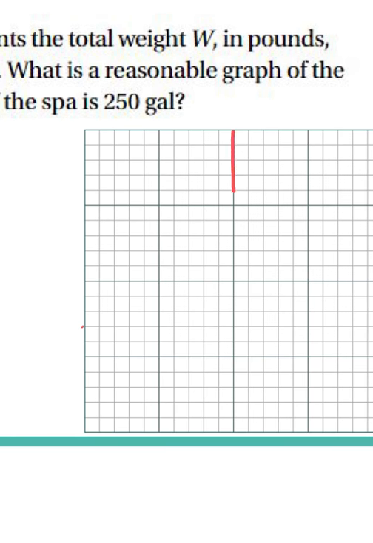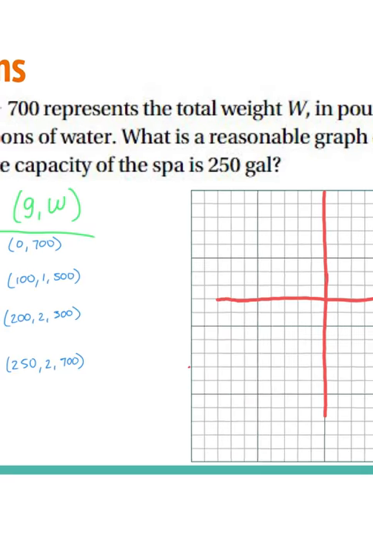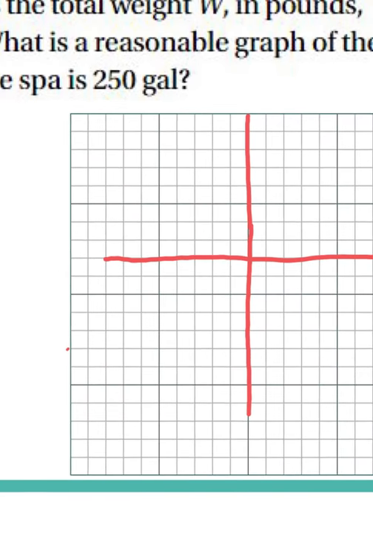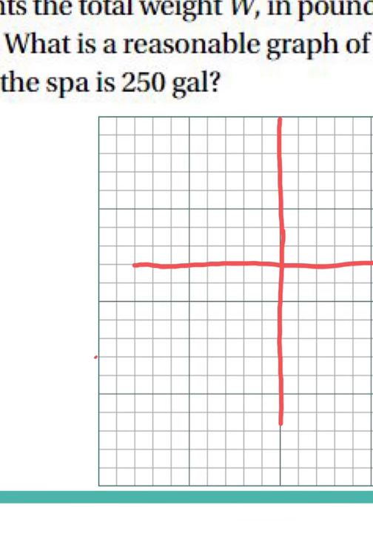We're going to draw a vertical line and a horizontal line to represent our axes. Now, it's not X and Y, right? We've got G and W. So remember, your first variable in the coordinate is going to be G. So we're going to label this axis G and this one W, okay?